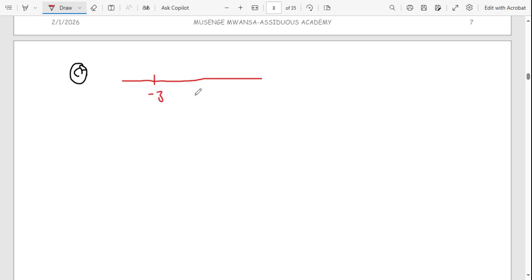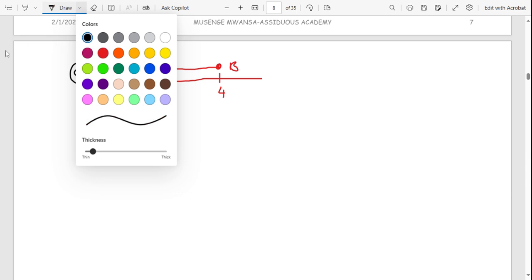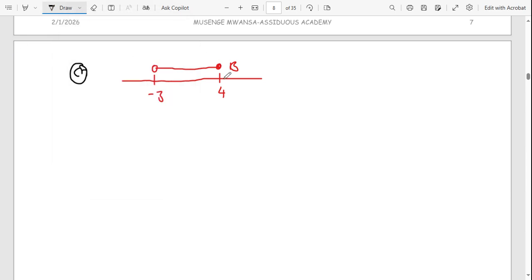Negative 3 to 4. Remember, we are not including negative 3, but we are including 4. This is the set B, but I want a set B complement. Okay, so I'm going to go on 4. Can you see that 4 is shaded? So if I want the complement, I'll not shade on 4. And negative 3 is not shaded. If I want a complement, I'm going to shade on negative 3 because it wasn't shaded.